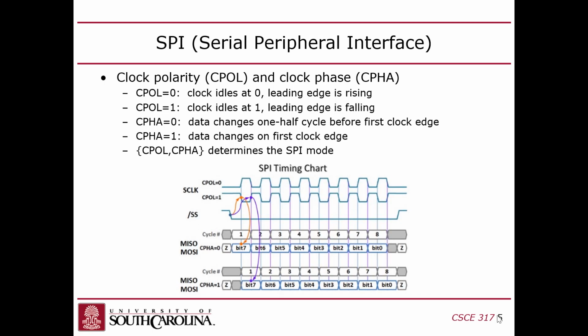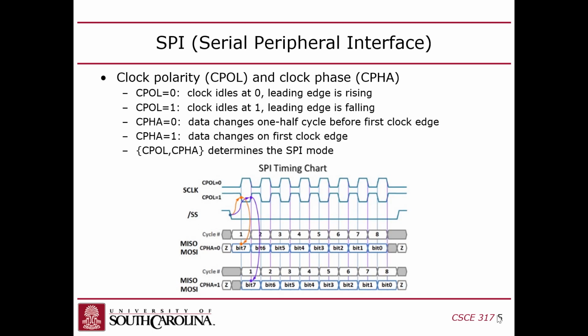Okay, so there's also this notion of CPOL and CPHA. CPOL just defines what state the clock is in when it's idle. So CPOL 1 means the clock is normally high, just like the slave select is. And that's the mode that's used in the accelerometer.